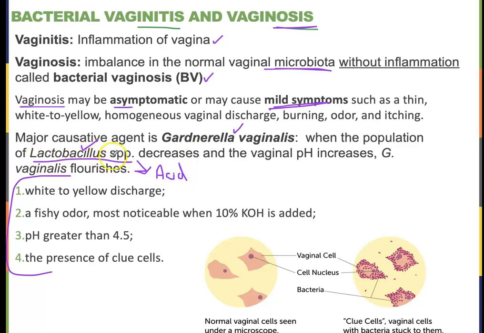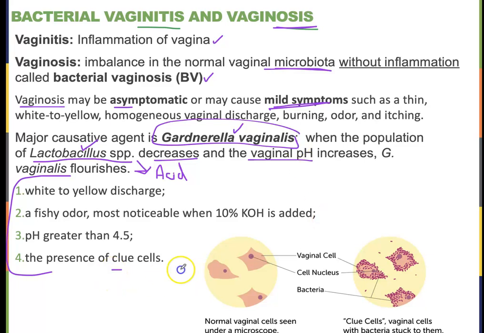So this guy sets up the acid. This Lactobacillus decreases the vaginal pH. If you were to increase the vaginal pH, Gardnerella overgrows. So a change in pH of the vagina going up, more basic, can cause Gardnerella to overgrow.